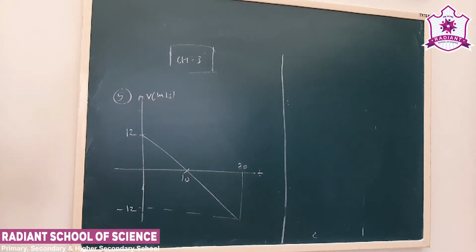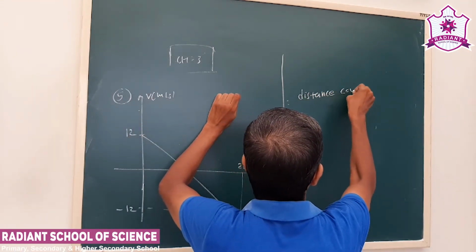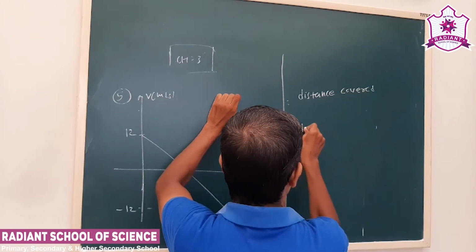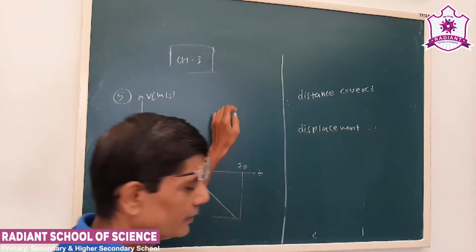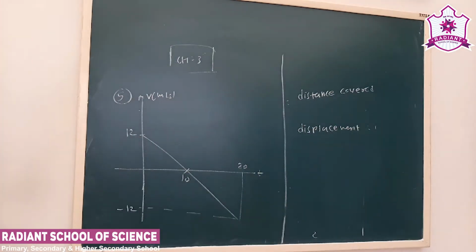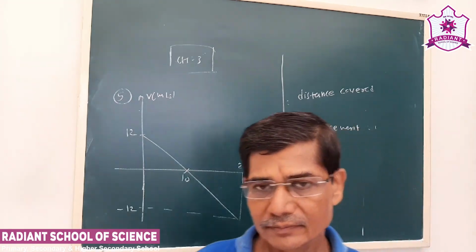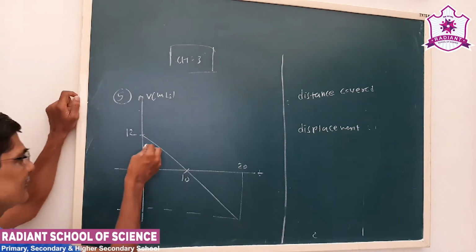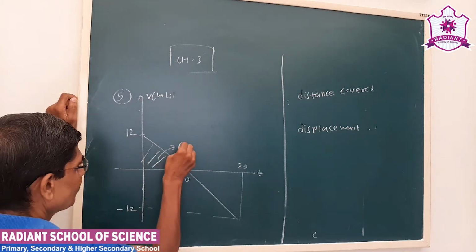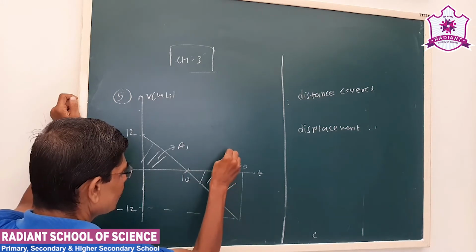Find out the total distance covered. We are familiar with the property that the area of the velocity time graph gives the distance or displacement. Now here we see two triangles. The first triangle area is A1, the second triangle area is A2.